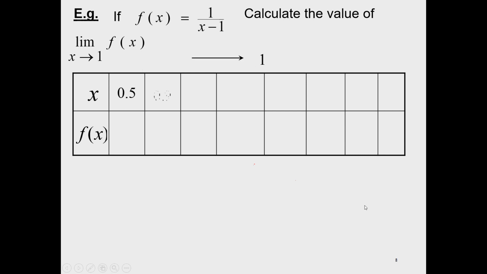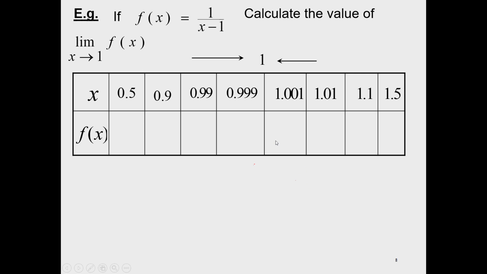So let's see what happens from left hand side. These are the values closer to 1 from left hand side, and you can see some values that are closer to 1 from right hand side.